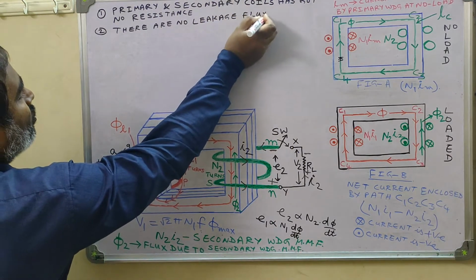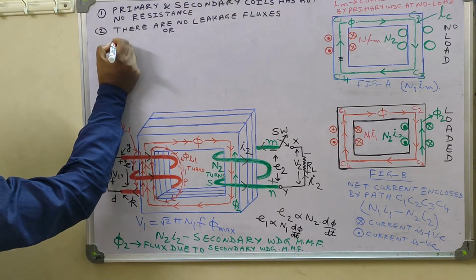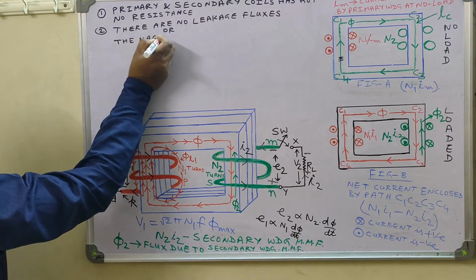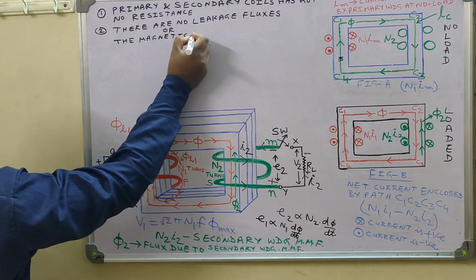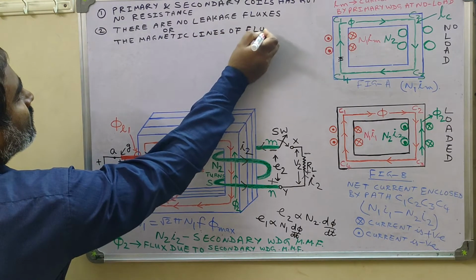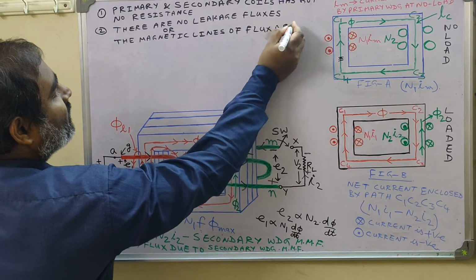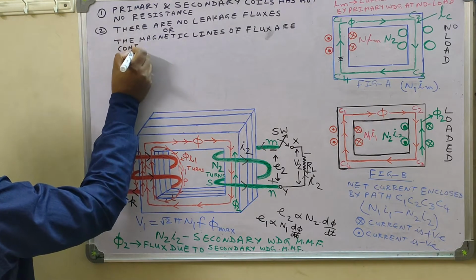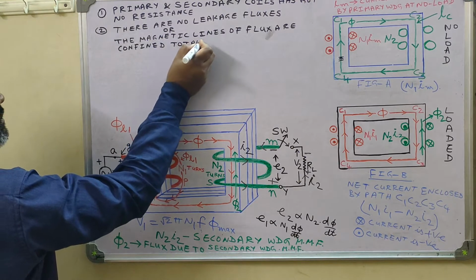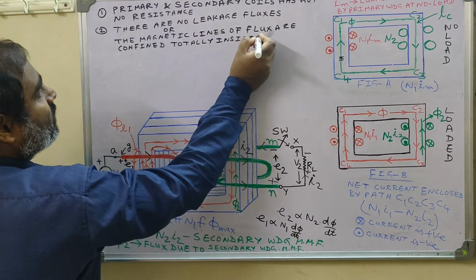Or you may write this thing in a different way. There is no leakage flux, or the magnetic lines of flux are confined totally inside the magnetic core of the transformer.